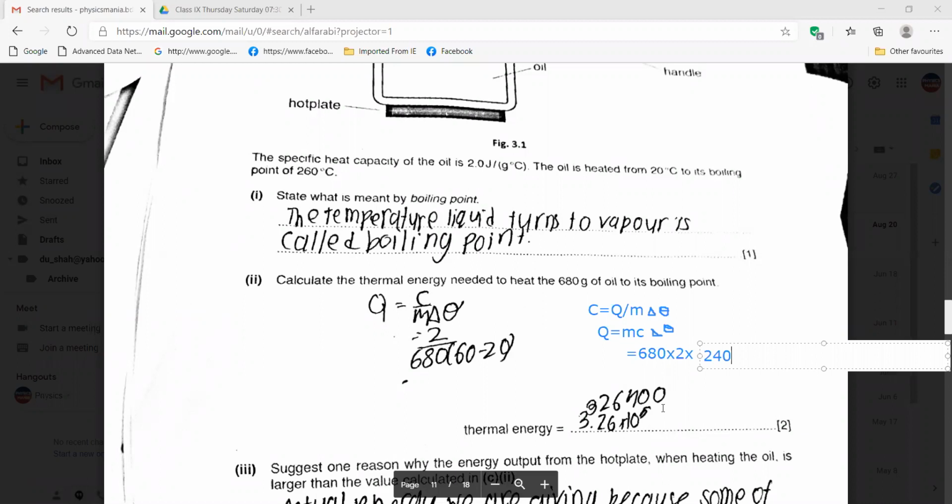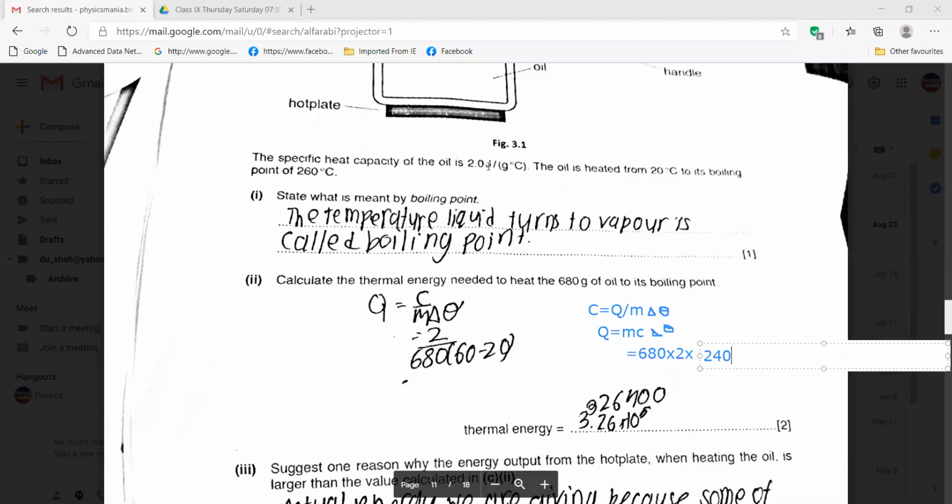That is 326400. Then you wrote 3.26 times 10 to the power 5, but you did not write the unit. What should be the unit here? Can you tell me what should be the unit? Thermal energy? No, not joule per gram. Energy is always joule. Here it is also given in joule.